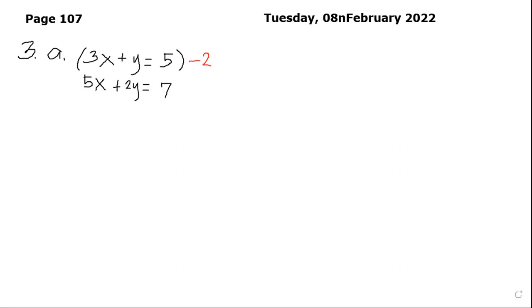Since we multiply by -2: -2 times 3x equals -6x, -2 times positive y equals -2y, and -2 times 5 equals -10.